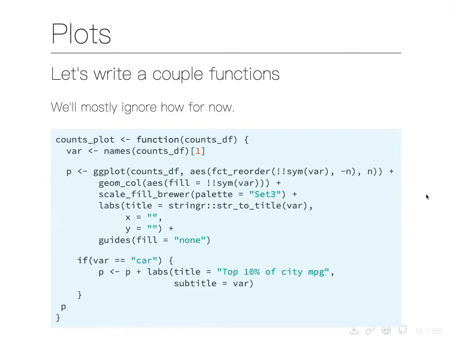Now we can write a couple of functions to deal with this. So the way I'm doing this is I'm writing different functions to deal with different counts. Oh, wait a minute, no, that's not right. This is a singular function that deals with any count, but it does have to do something slightly different if the var is equal to car.